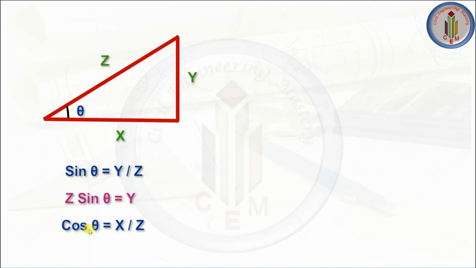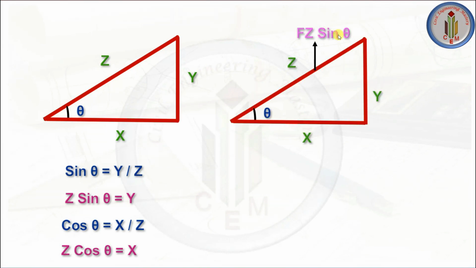Similarly, cos theta is x by z, and if you want the horizontal force, it becomes z cos theta. Next, let me show you how we can write this. For this inclined member, the vertical force is Fz sine theta and the horizontal force is Fz cos theta.